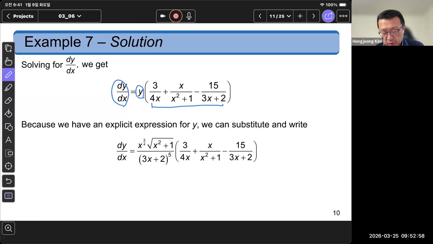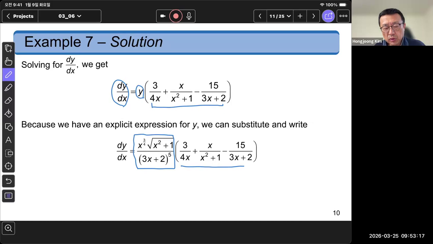Since y was defined by this complicated expression, if you replace y with this expression in x multiplied by this term, that will give you dy dx.